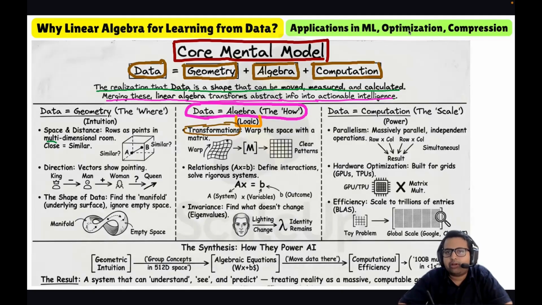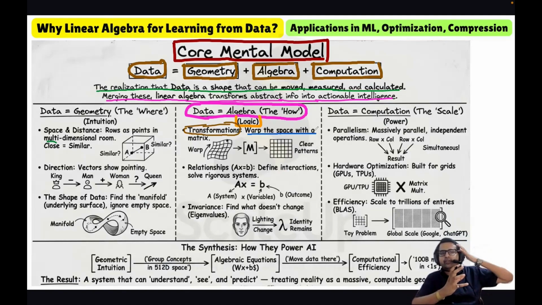Algebra allows us to warp the space. If the geometry is too messy to understand, we use matrix algebra to rotate or stretch it until the pattern becomes clear. So once we have represented the data, if we see that the representation is very messy, we can perform some operations on it.